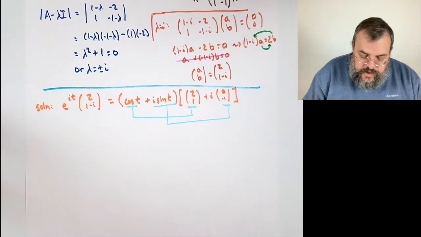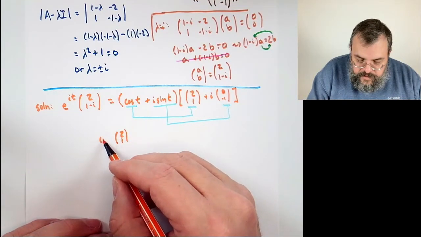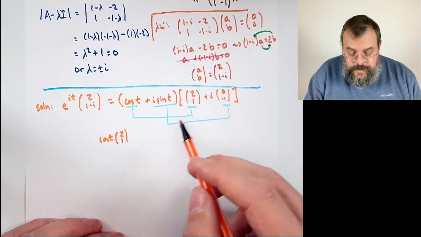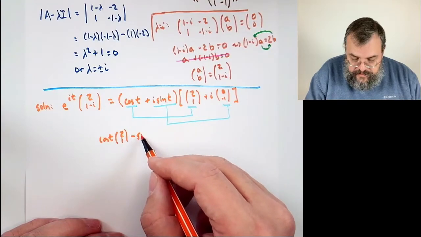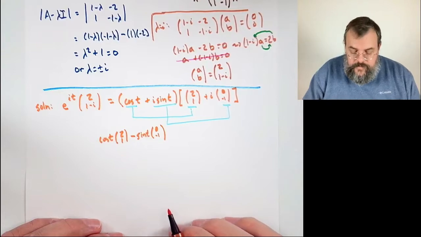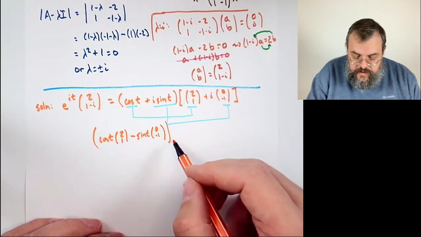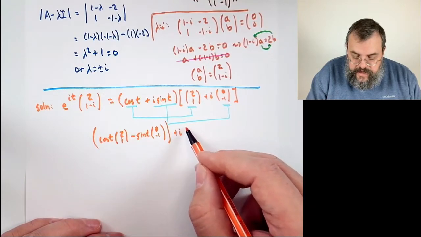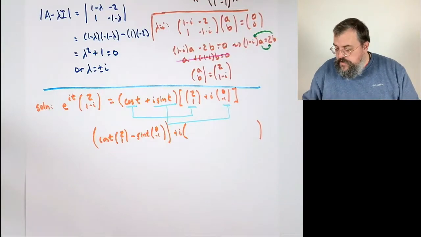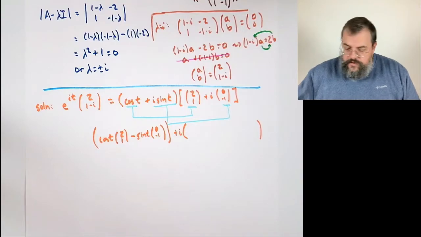And what we end up with is (2, 1) times the cosine t, and then i squared will be minus, and then we have sine t, (0, minus 1). All right, and now that's one piece, and then plus i. Now we do the imaginary parts. So how do you get the imaginary parts? Well, no surprise, we're going to associate the imaginary things.